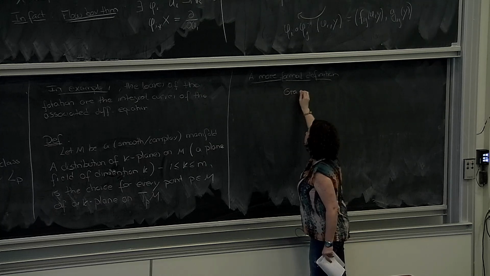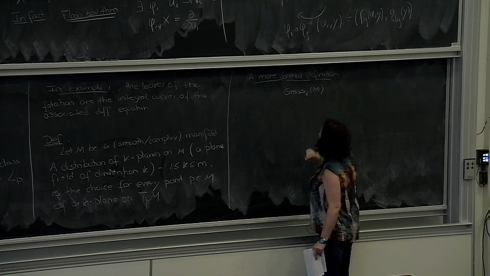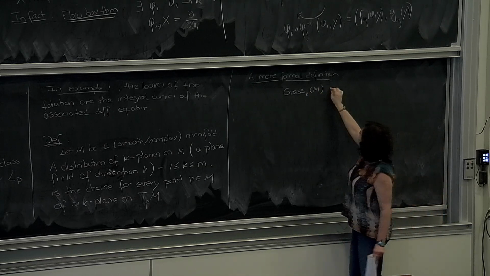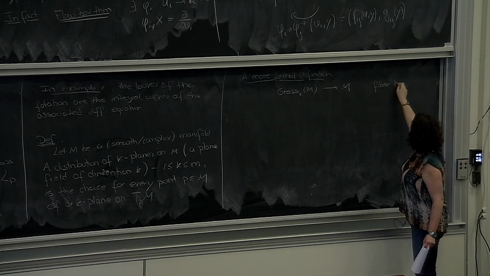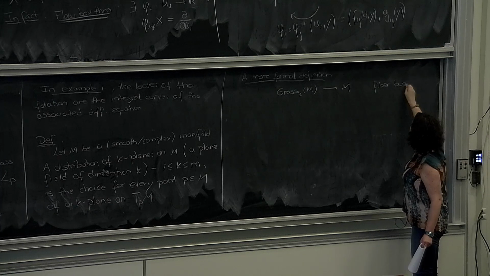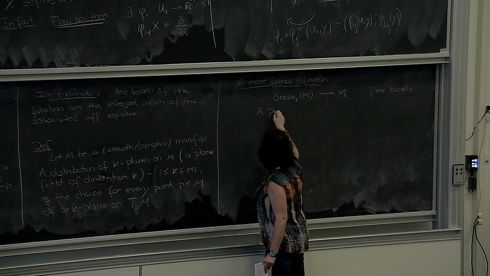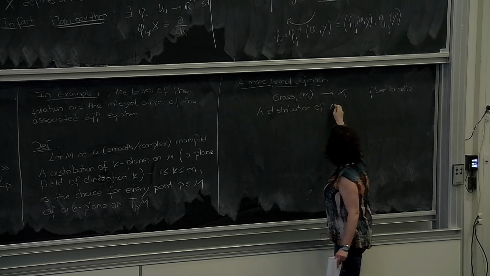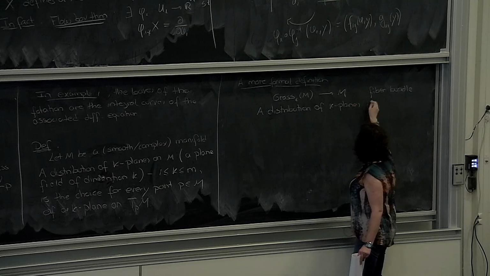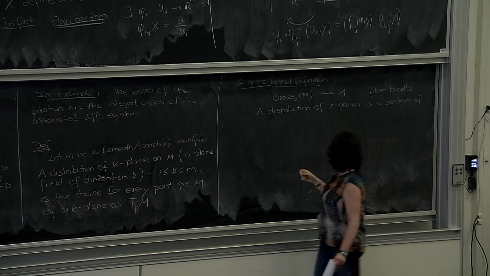Let us take the fiber bundle given by the Grassmannian of k-planes in TM over M. And we can say that a distribution of k-planes is a section of this fiber bundle.